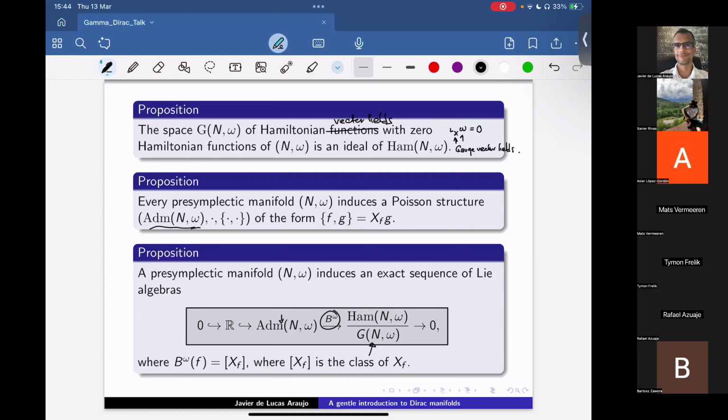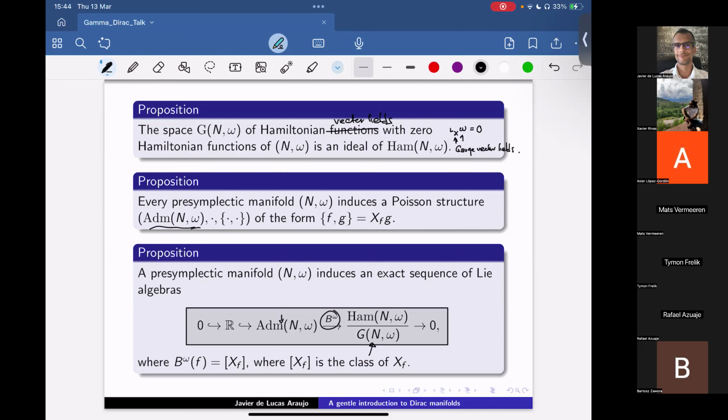So you have Poisson geometry, you have presymplectic geometry, and now you want to generalize both things. Remember, a Poisson manifold is a stratification by means of symplectic leaves, or symplectic submanifolds. And here you have presymplectic submanifolds.